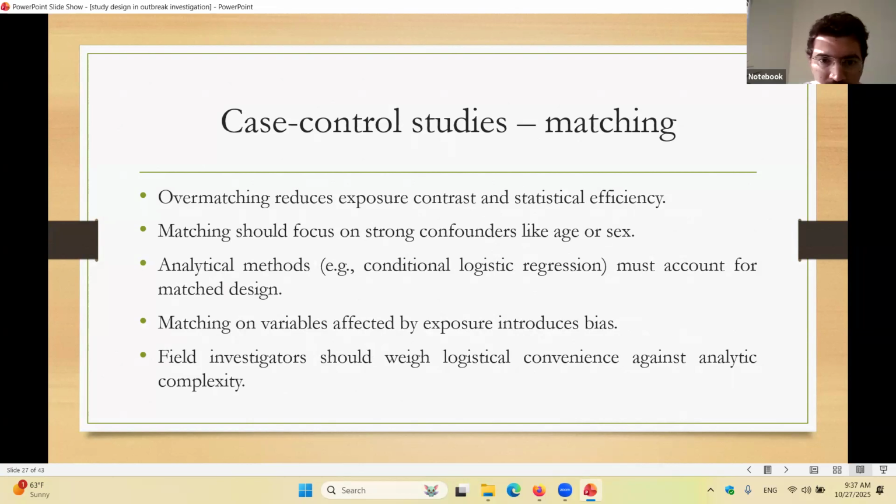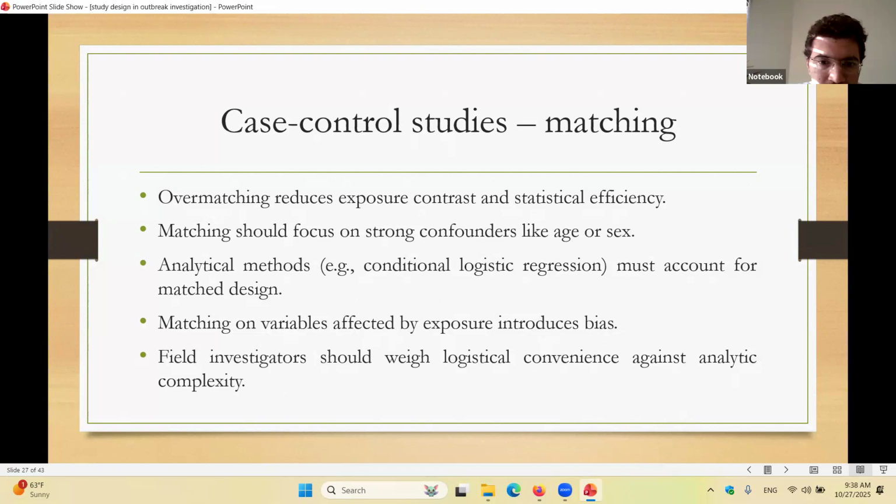Overmatching reduces exposure contrast and statistical efficacy. Matching should focus on strong confounders like age or sex. Analytical methods, for example, in conditional logistic regression, must account for matched design.